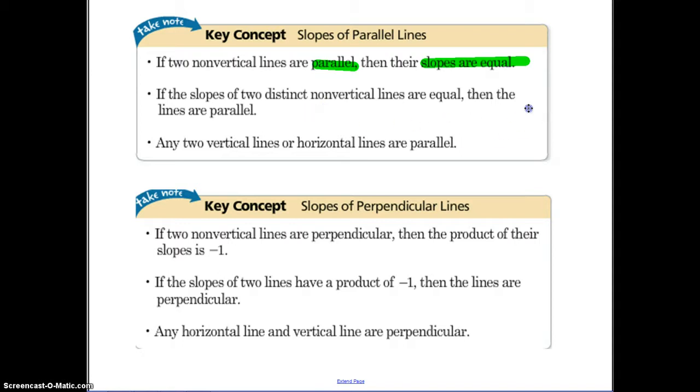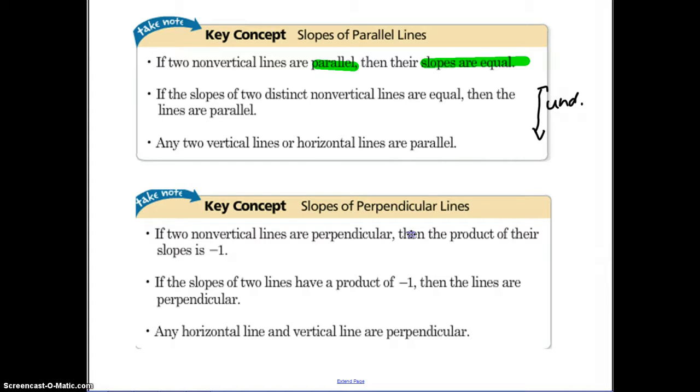Well, we have to make a difference for vertical lines because, if you remember, the slope of a vertical line is undefined. And you can't say undefined equals undefined. So we make a special case for vertical lines. And any two vertical lines or any two horizontal lines are parallel.